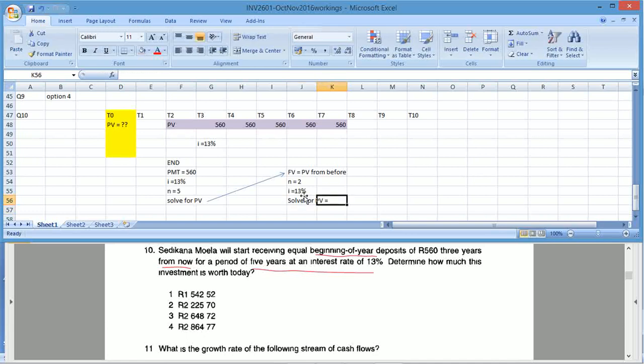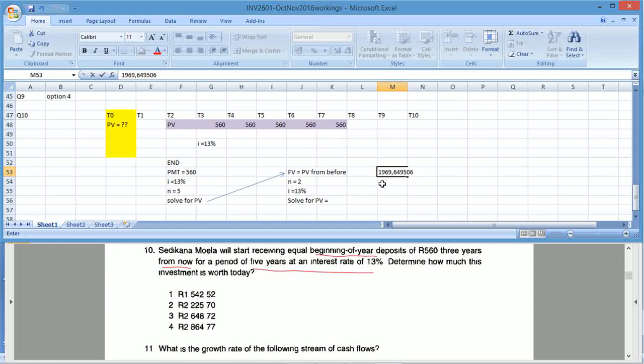Okay, so first things first, get the PV. Get this bit. Alright, so on the calculator, N is 5, I is 13, payment 560, solve for the present value. Present value comes out to 1969.649506. Take that figure, insert that as your future value.